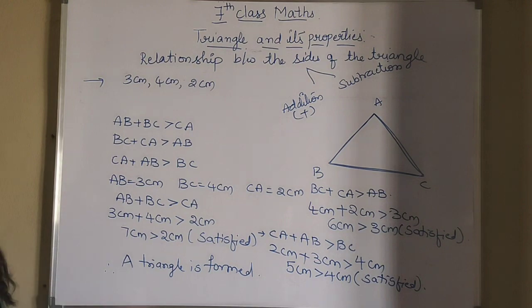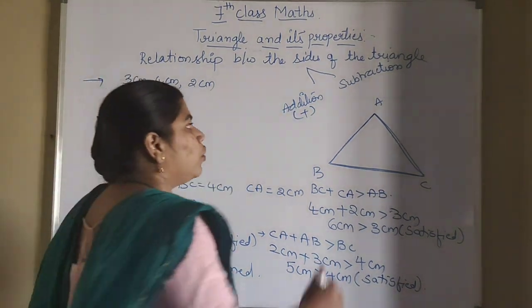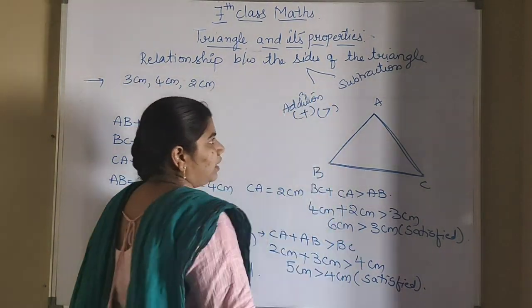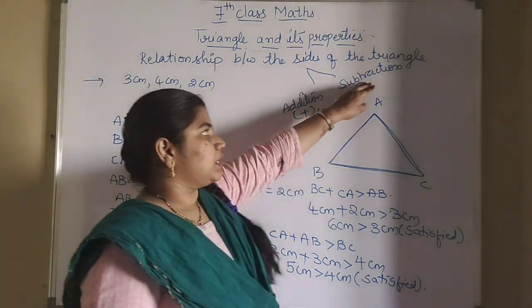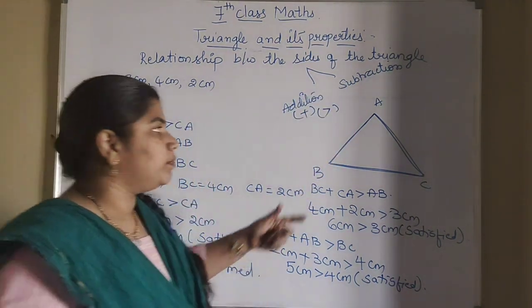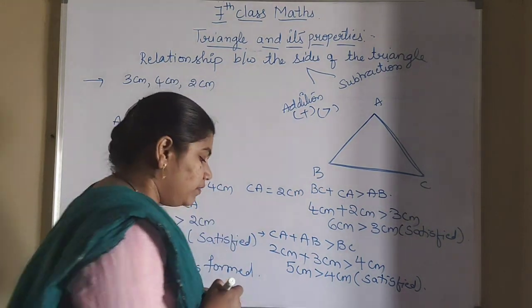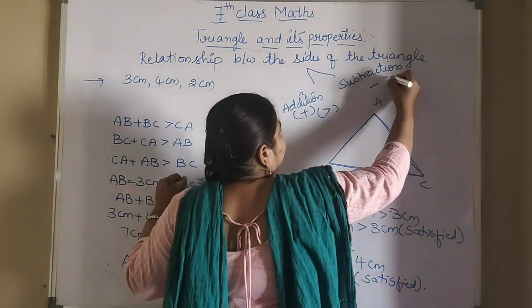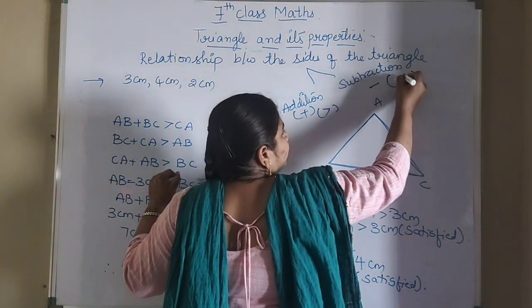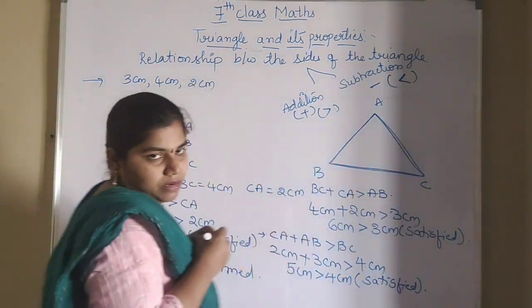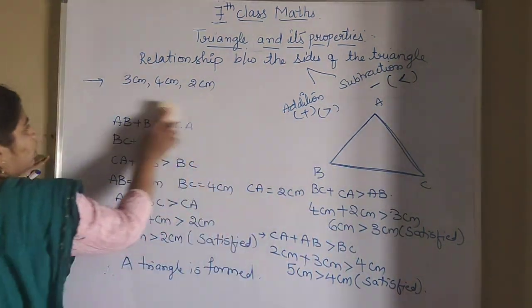Okay, so this is on addition. For addition we always use the greater than symbol. Now coming to subtraction. How to write the condition by using the subtraction symbol, we will see. If it is subtraction, then we will use the less than symbol. Okay, so what is the condition now?